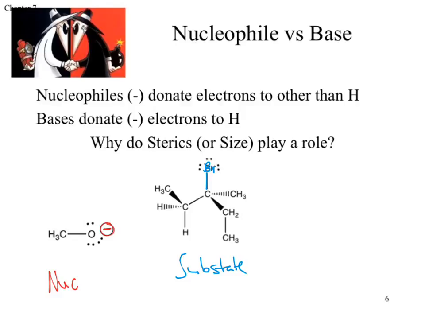What happens to this bond between the oxygen and the carbon? Absolutely nothing. Do not change it. Okay? When we're going through and doing a reaction, what we're going to do is find our electrons and only move those electrons. So in this case, our nucleophile is going to share that pair of electrons with our carbon.